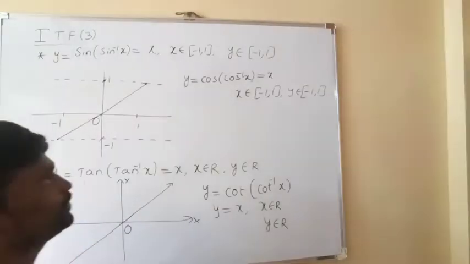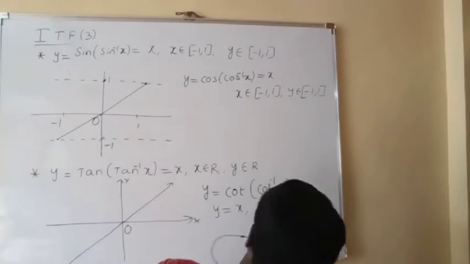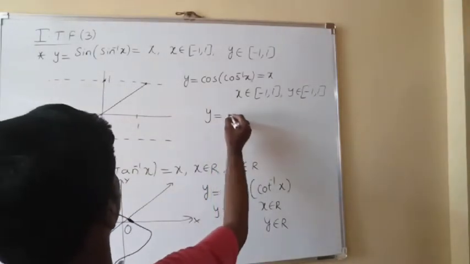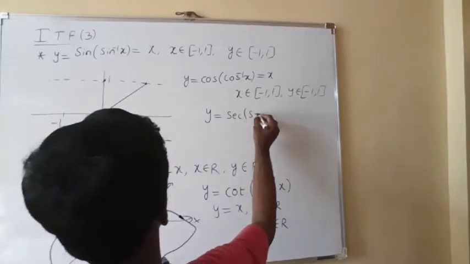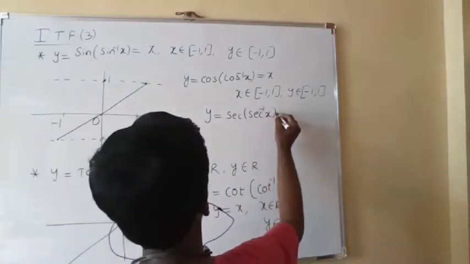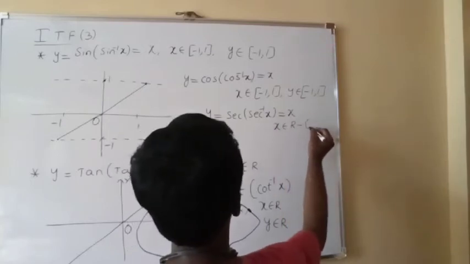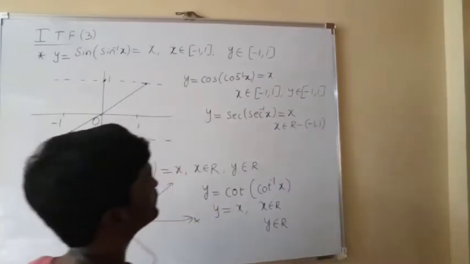And what is the graph of secant of secant inverse x? Yes, it is equal to x when x belongs to R minus the open interval minus 1 comma 1.